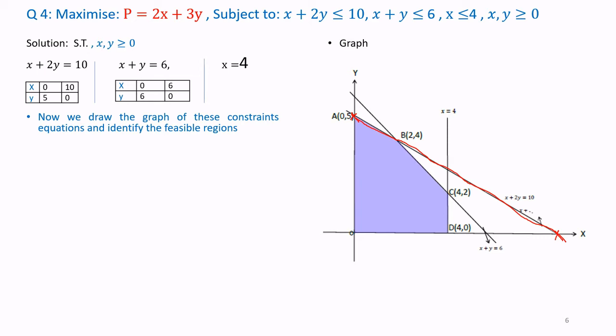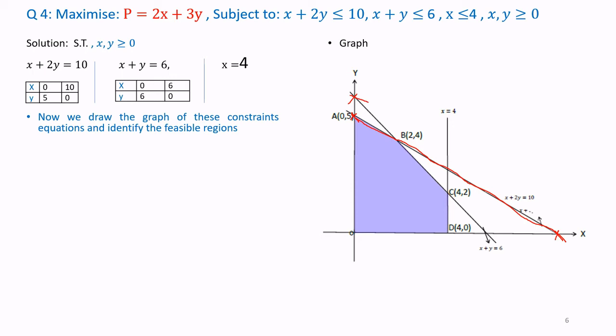We'll next draw the next line, x plus y is equal to 6. In the table, when x is equal to 0, y is equal to 6. The second line is here. When x is equal to 0, this is y is equal to 6. This point.